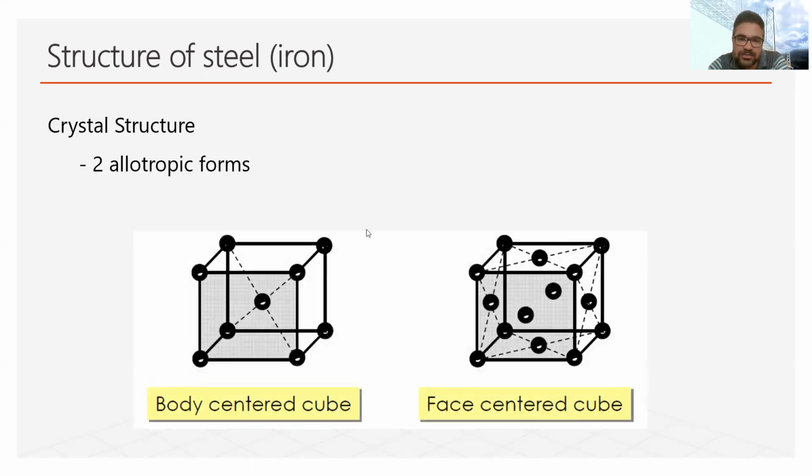As you can see in the figure, these two allotropic forms basically depend on the temperature of the steel. At a certain temperature, one form can exist; at another temperature, the other form can exist.